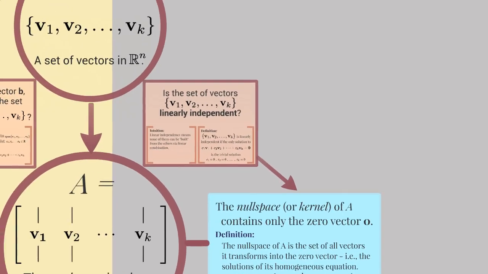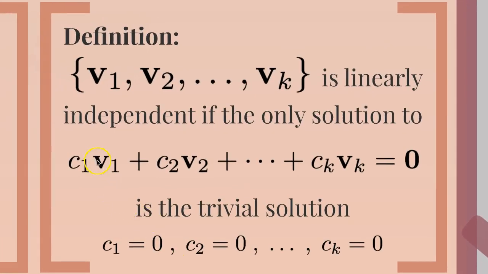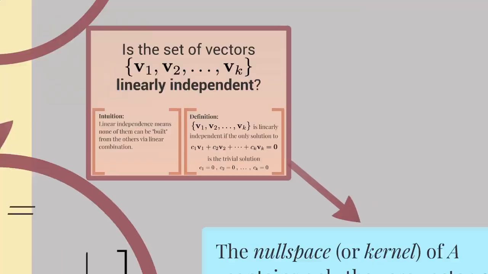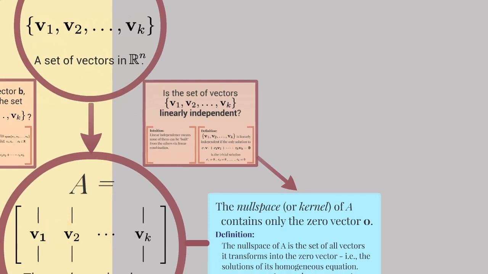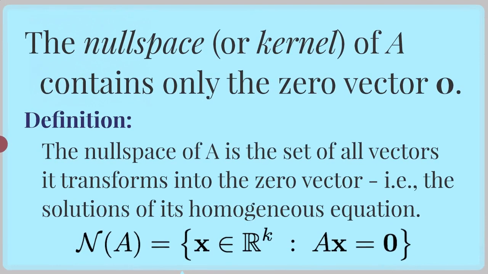Backing up a step, we decided that linear independence means that the only way to solve the homogeneous equation for those vectors is to select all of the weights to be equal to 0. And what that means when those vectors are the columns of a matrix is that the only way to multiply that matrix by a vector of weights and get the 0 vector as the result is if all of those weights were 0.